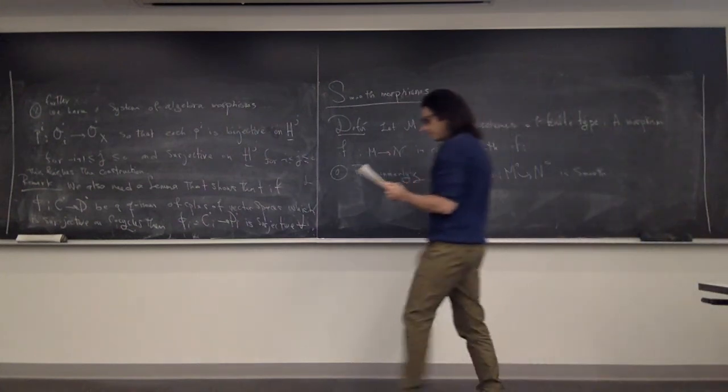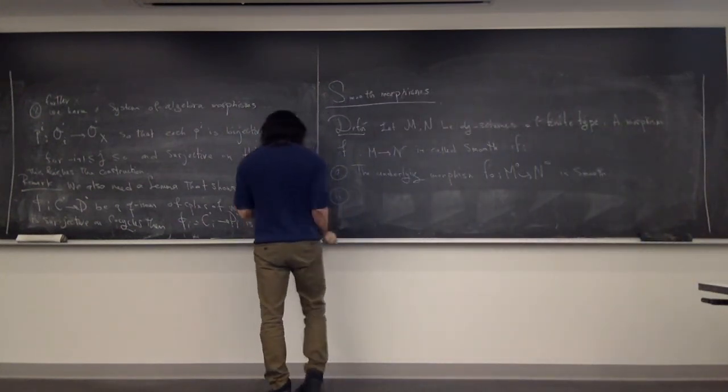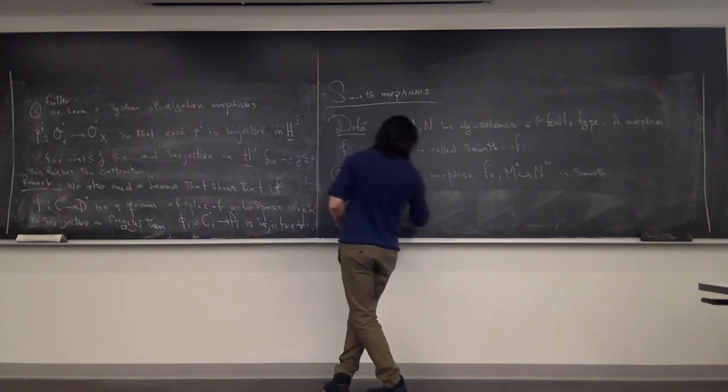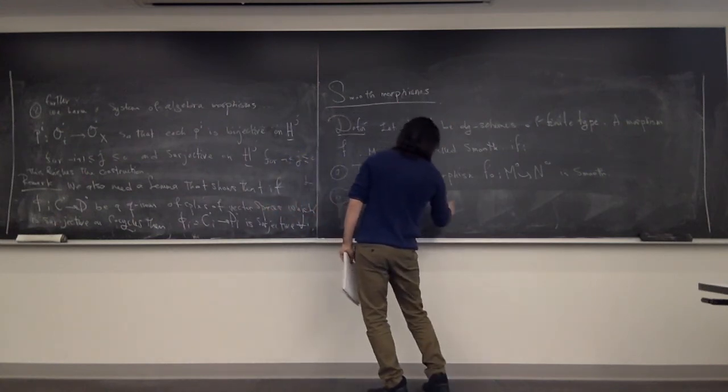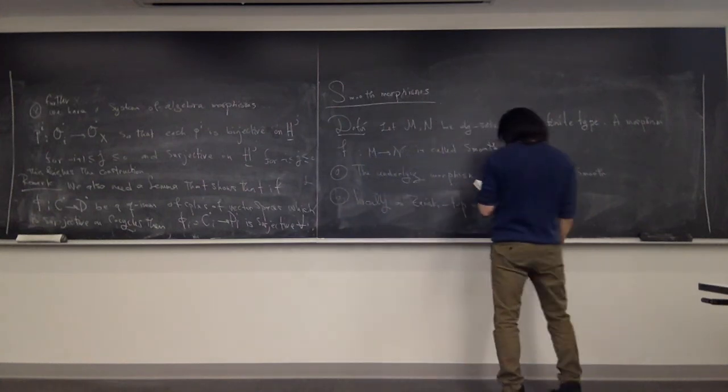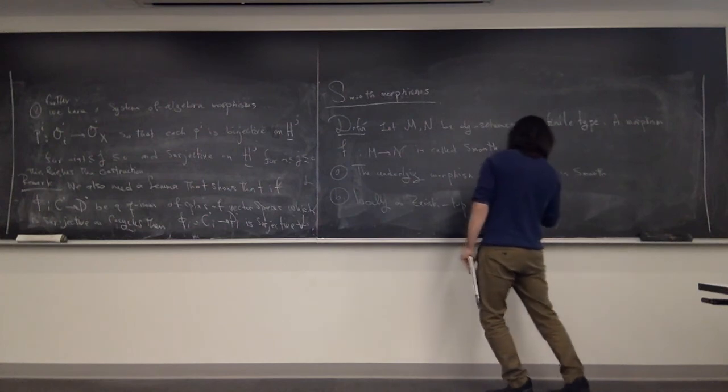And B, locally in the Zariski topology of M0, we have an isomorphism of graded algebras.